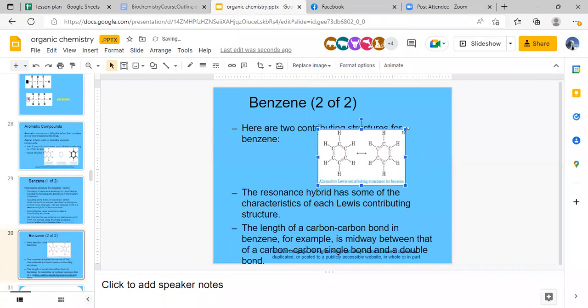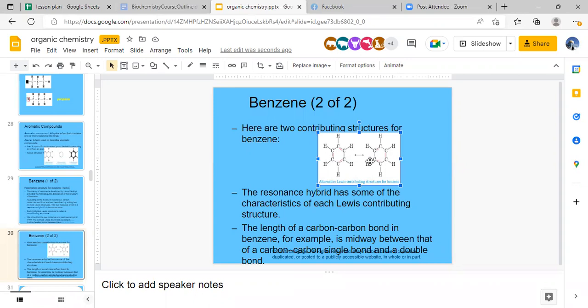So dito pumapasok yung concept ng resonance. When you say resonance, yung structure ng benzene is not actually only the left side or the right side. Basically, yung double bonds na yan, yung electron na yan, it's moving around. Okay, basically 2 electrons. And then this electron can go to that side, this electron can go to that side.